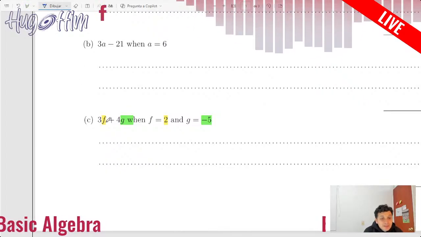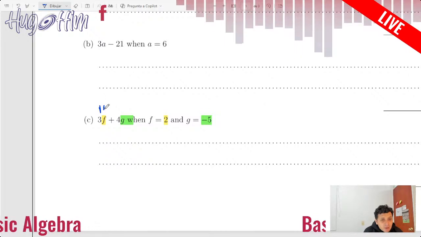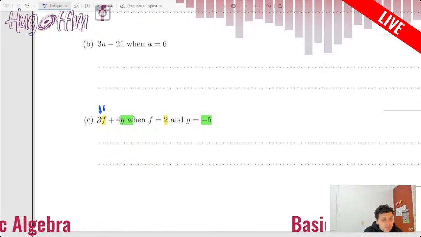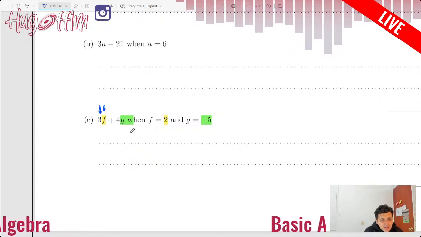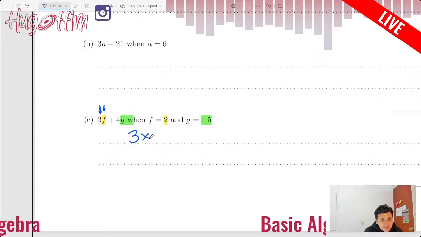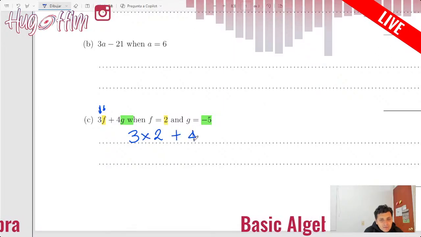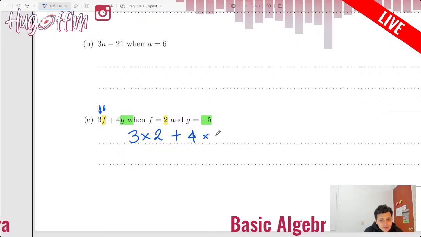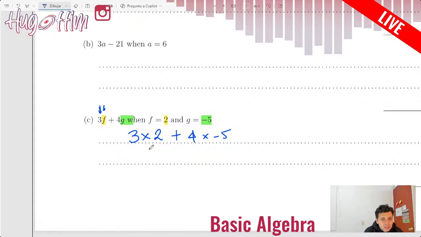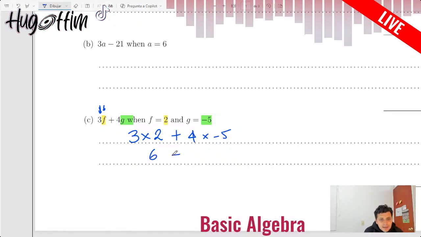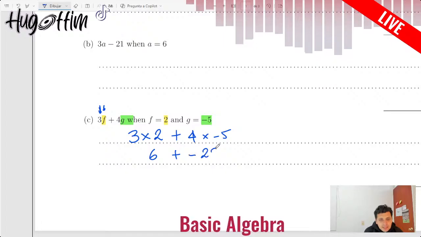Now, remember that in algebra, when you put a coefficient and a variable, you're multiplying these numbers. This is like writing 3 times f, but in this case, f is 2. So 3 times 2 plus 4 times -5. 3 times 2 is 6, plus 4 times -5 is -20.